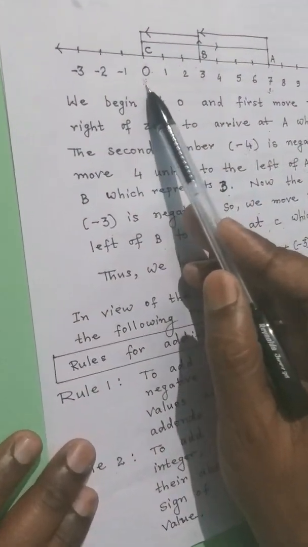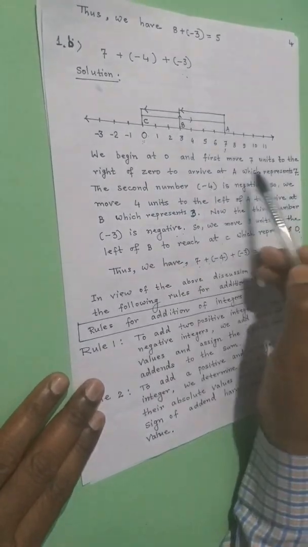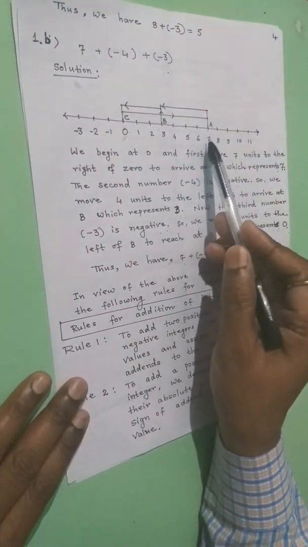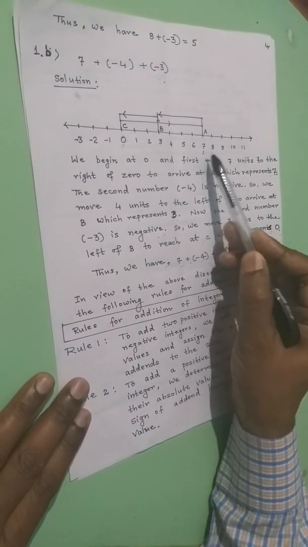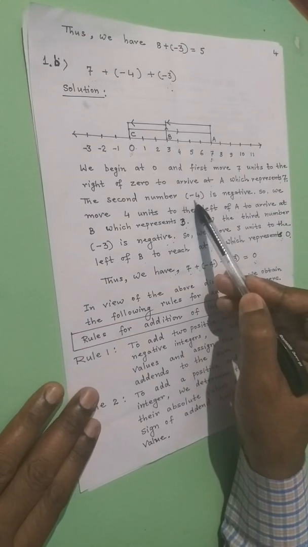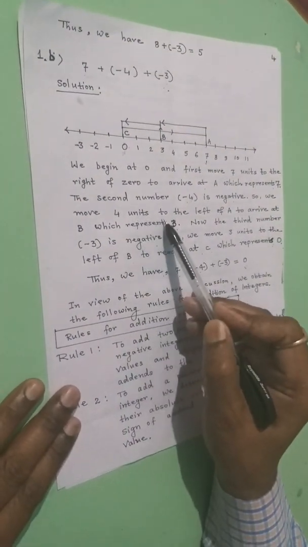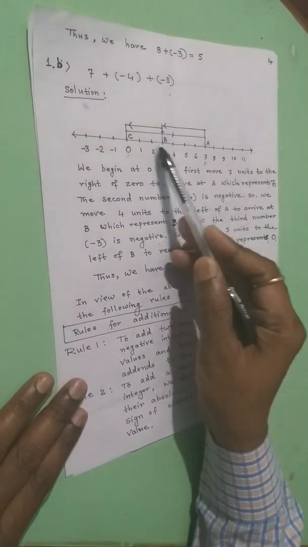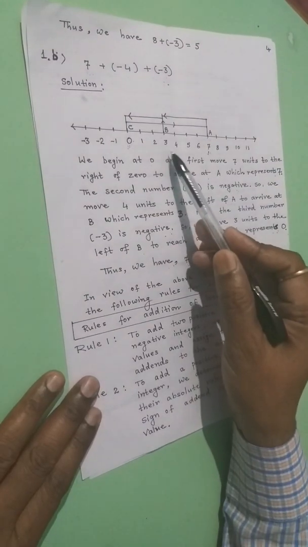We begin at 0 and first move 7 units to the right of 0 to arrive at A, which represents 7. The second number, minus 4, is negative, so we move 4 units to the left of A to arrive at B, which represents 3.